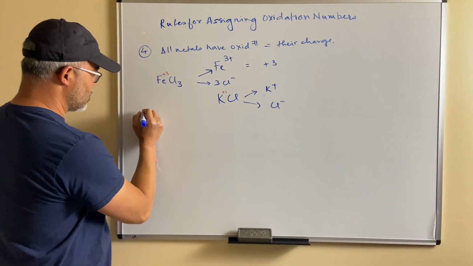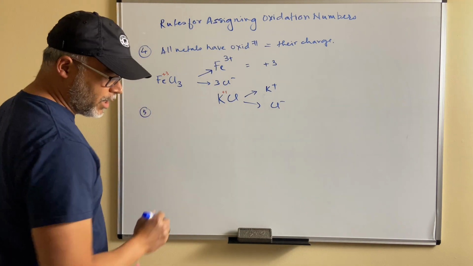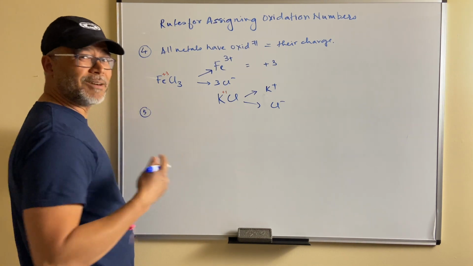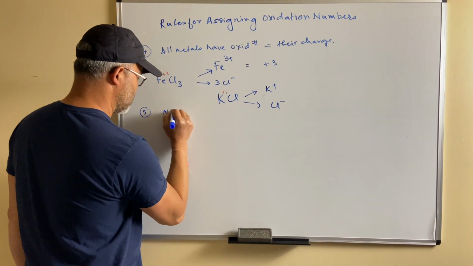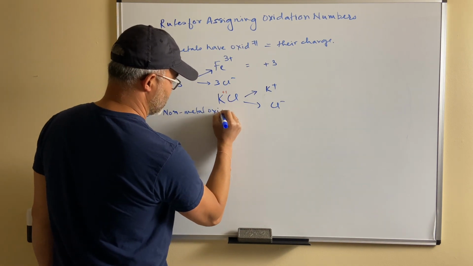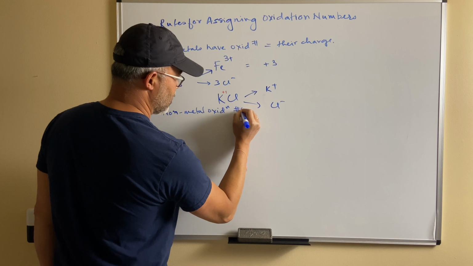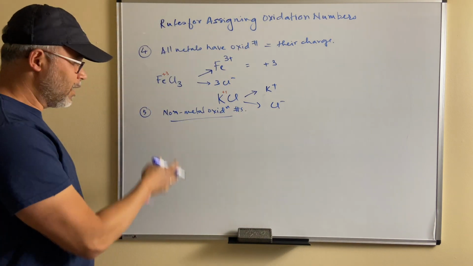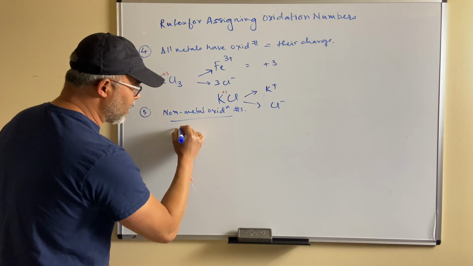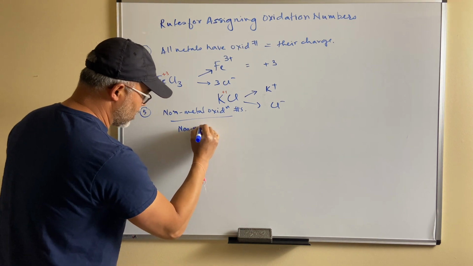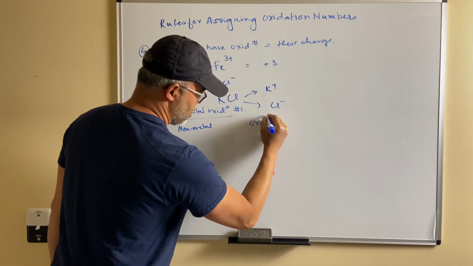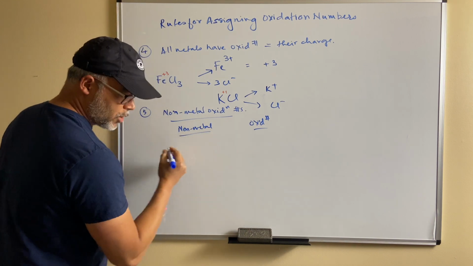Now the next rule, let's call that rule number 5, is how you assign oxidation numbers for non-metals. There's a priority sequence for non-metals. I'll write the non-metal here, and then the oxidation number here.